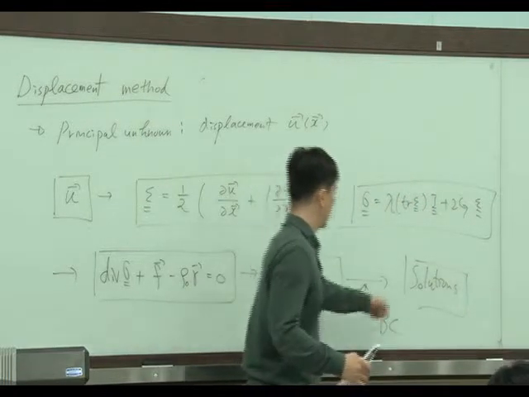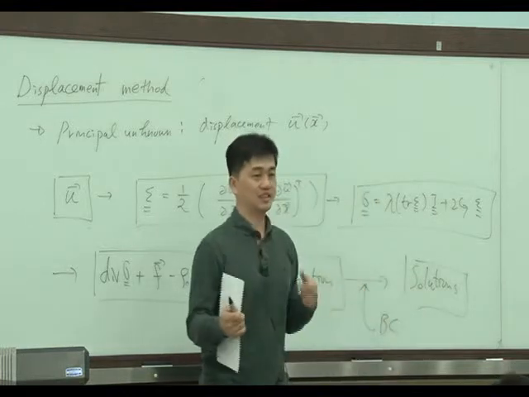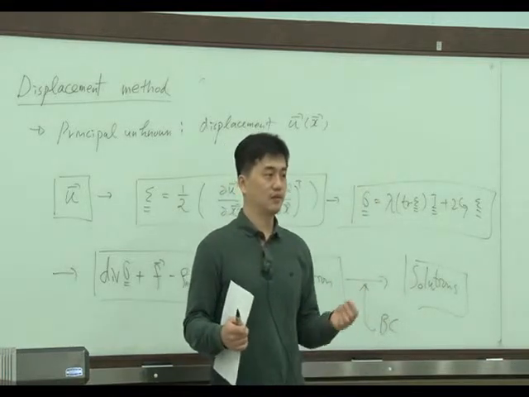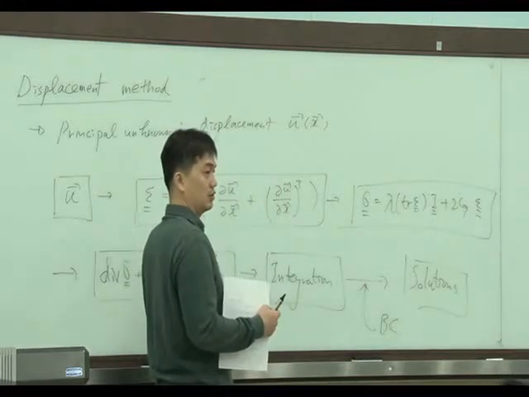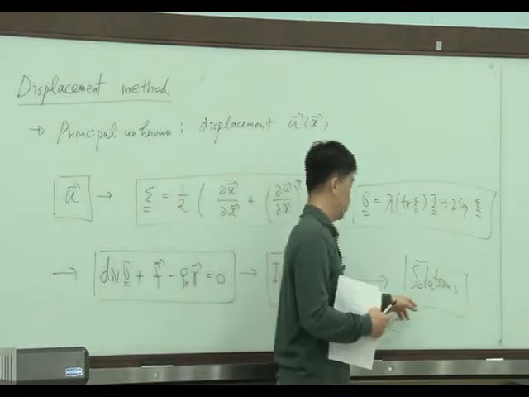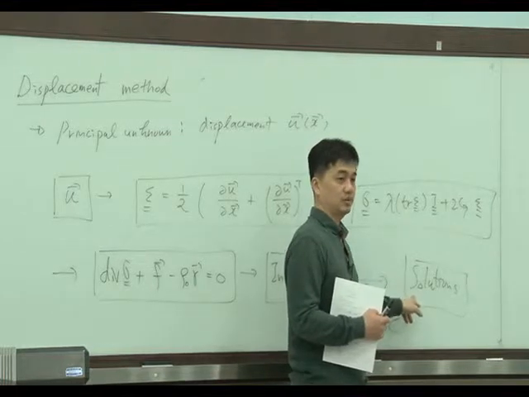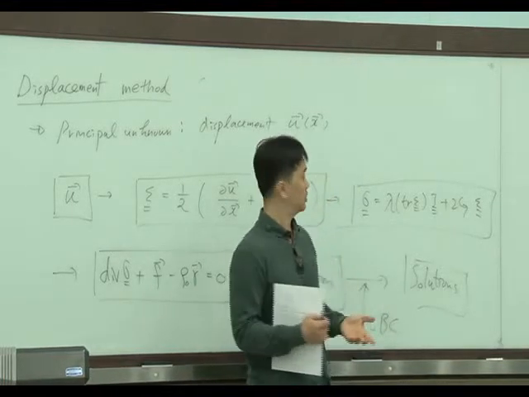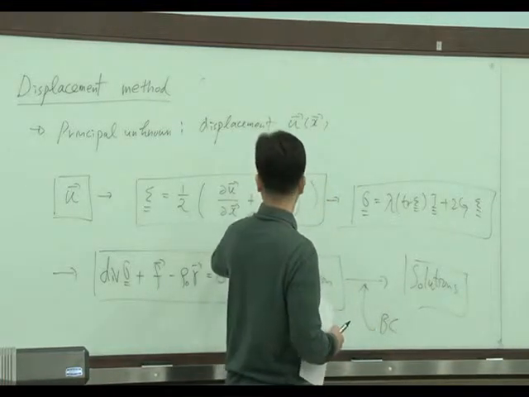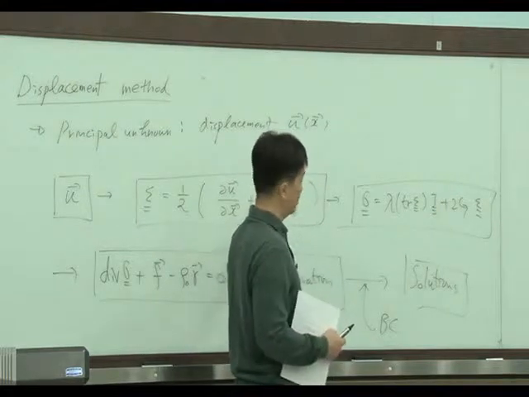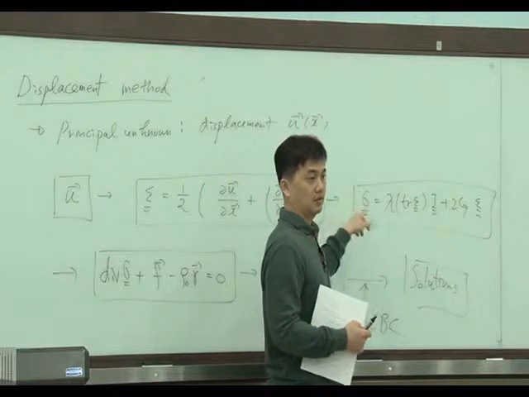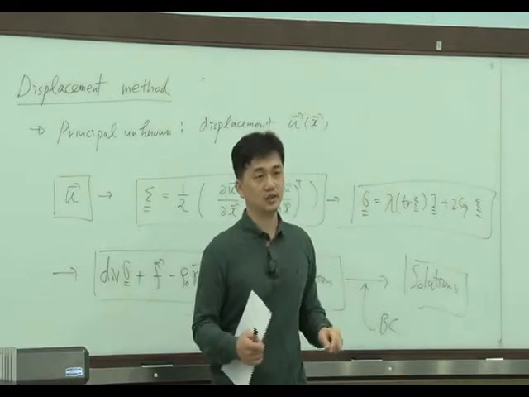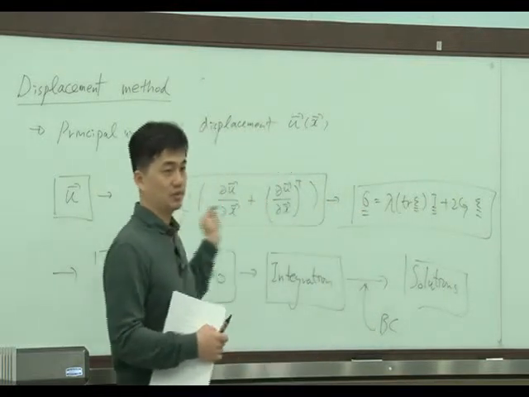So here the solution means the displacement. Because we start from displacement and the primary solution is displacement, once we know the displacement, we can easily find the strain and stress, okay, by using these two equations, right? This is a very straightforward procedure.